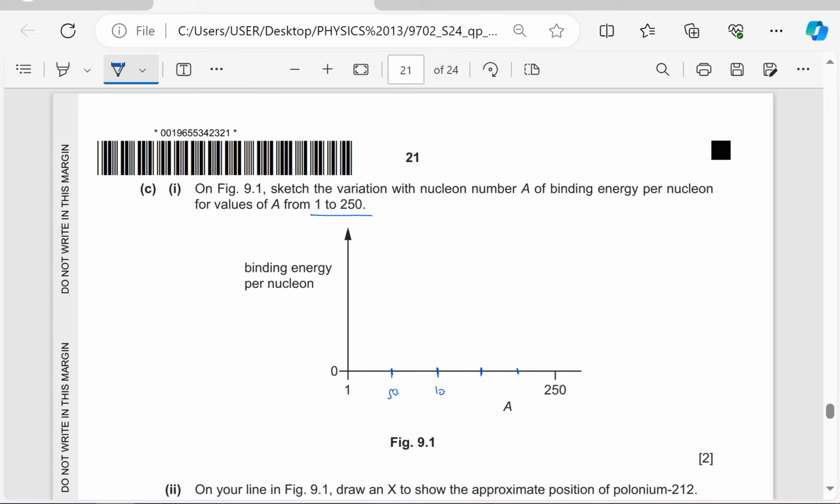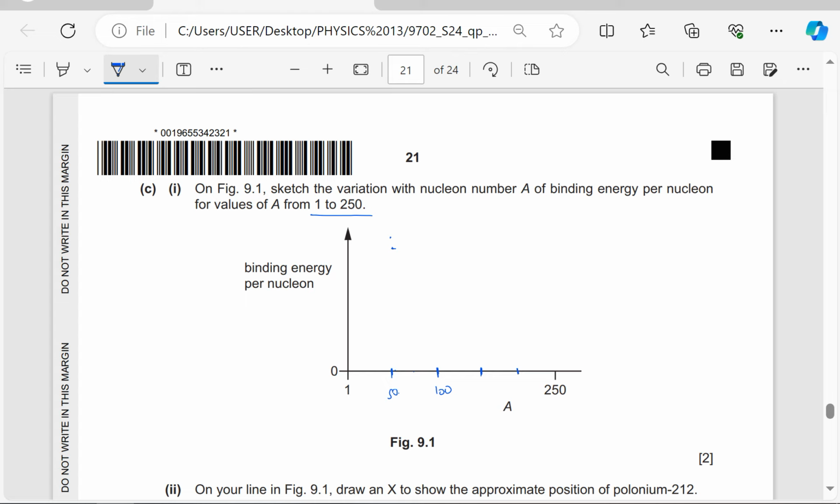If this is 100, 56 is very close because in the center it is around 75. So 56 is very close to 50. So the peak is going to be around here. Of course, I'm using a ruler to estimate the position of the highest point, which should be around here.